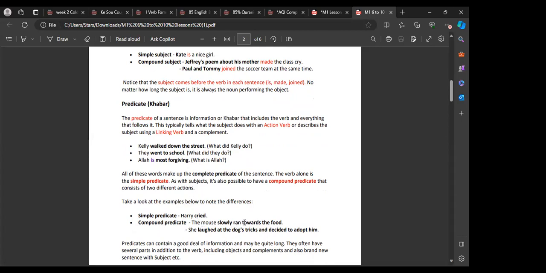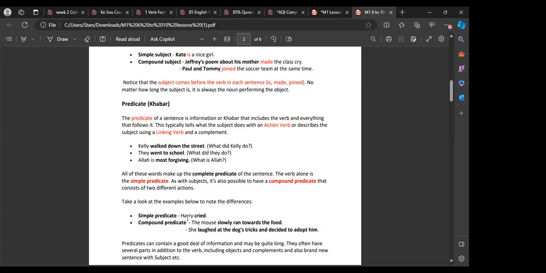So all of slowly ran towards the food is the predicate, the compound version. The second example, she laughed at the dog's tricks and decided to adopt him. Everything after she is the predicate. She is the subject, and everything else here is the predicate.